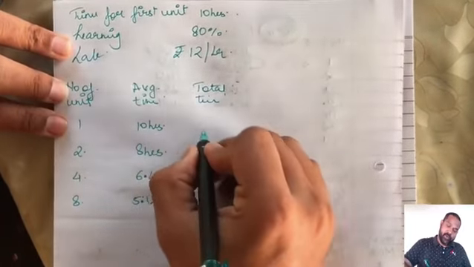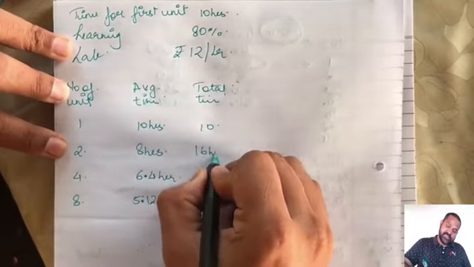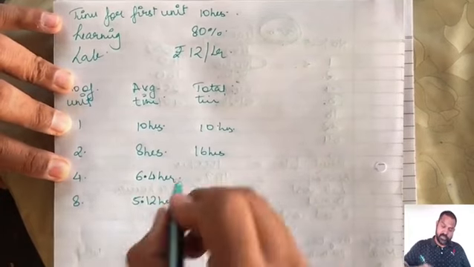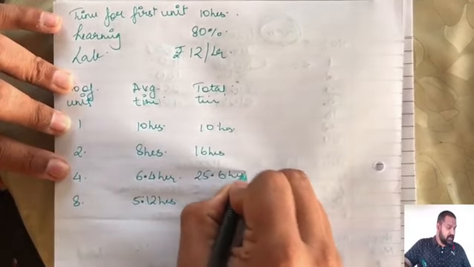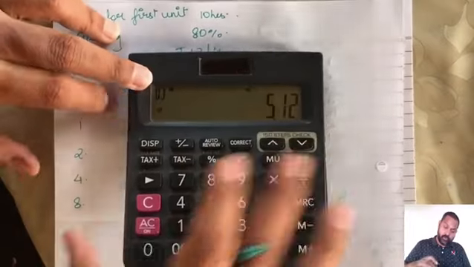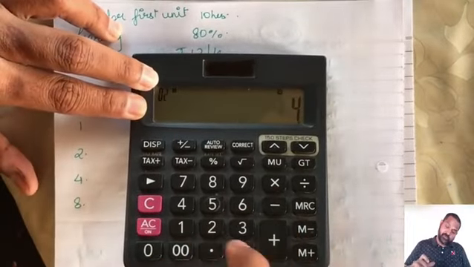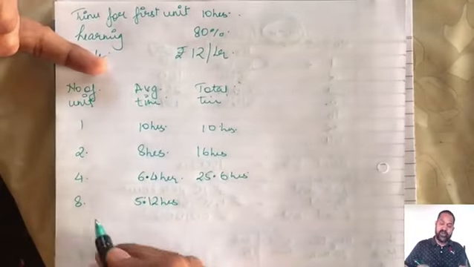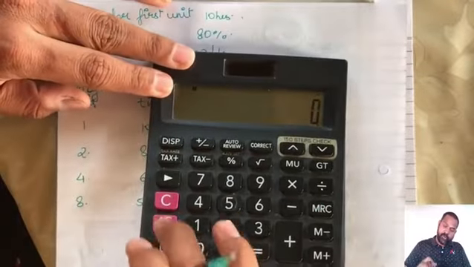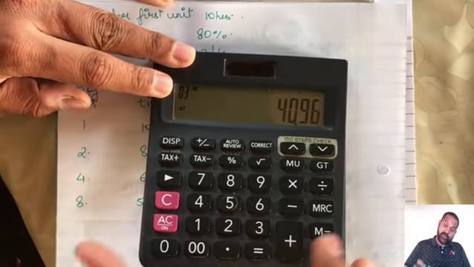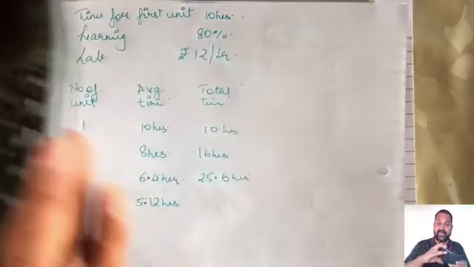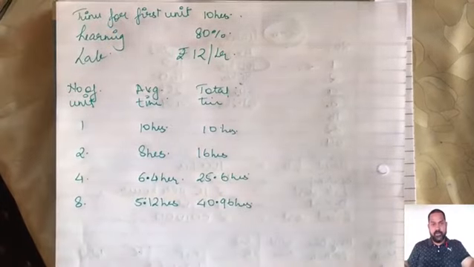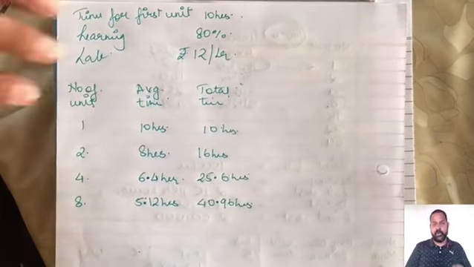Total time will be 10 into 1, which is 10; 8 into 2, which is 16 hours; 6.4 into 4, which is 25.6 hours; and 5.12 into 8 is 40.96 hours. So number of units, average time, total time.